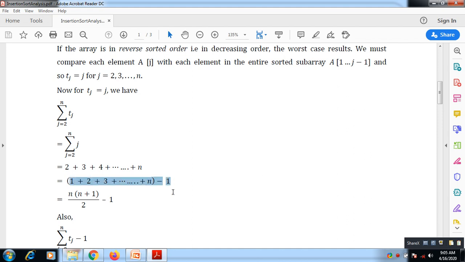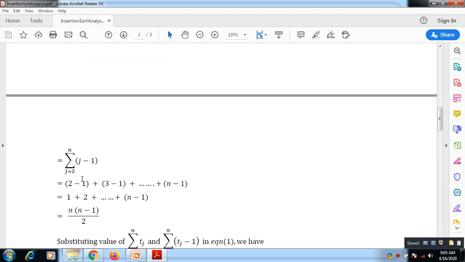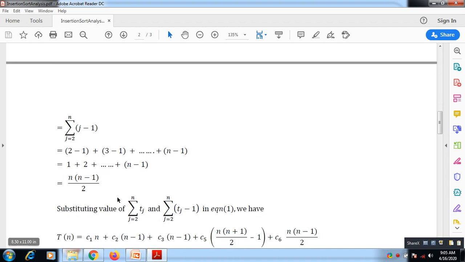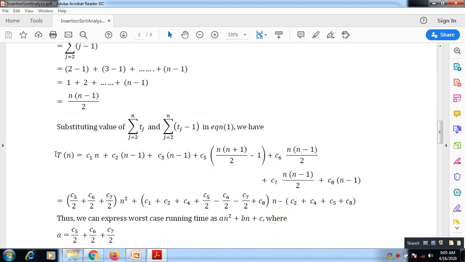This is a simple calculation. Similarly, summation tj minus 1 we can write like this, 1 plus 2 plus up to n minus 1. Now substituting the values of summation tj and summation tj minus 1, where j varies from 2 to n, we will have the expression like this.